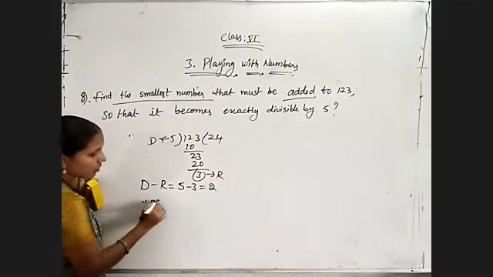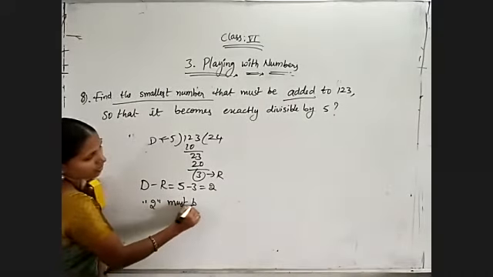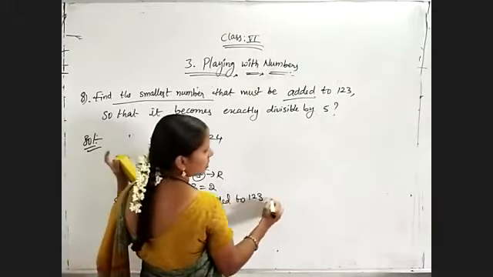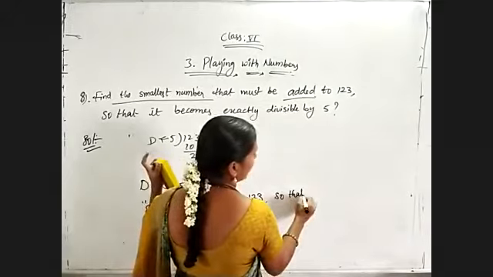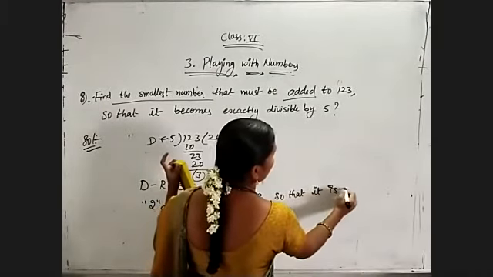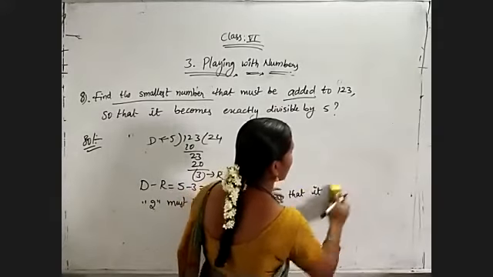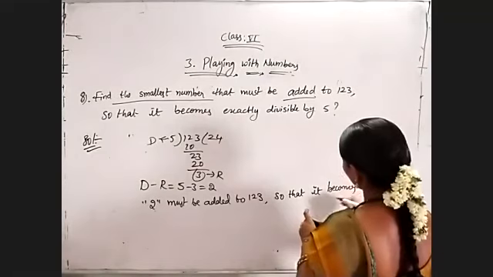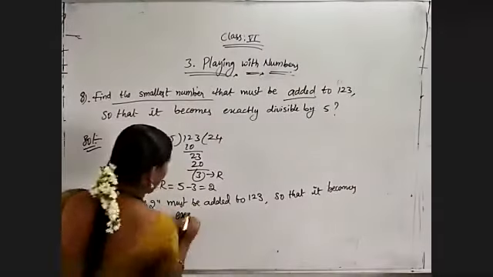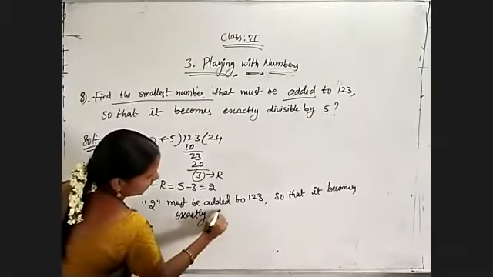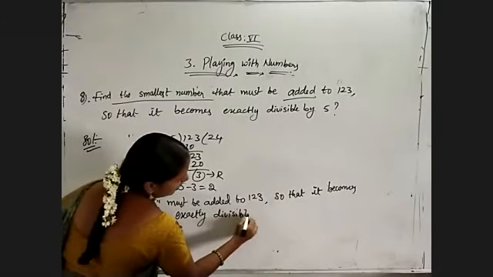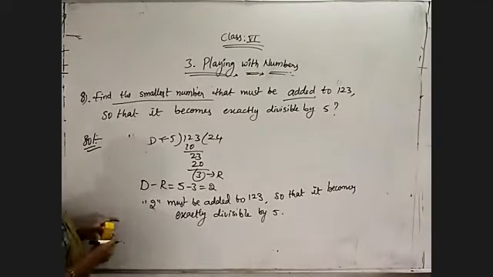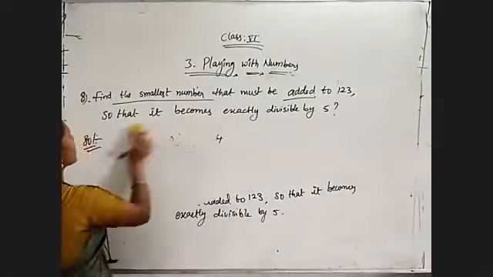Therefore 2 must be added to 123 so that it becomes exactly divisible by 5. That's all. That is 123 plus 2 is equal to 125. Now another question.